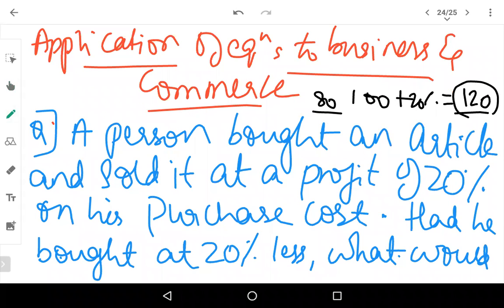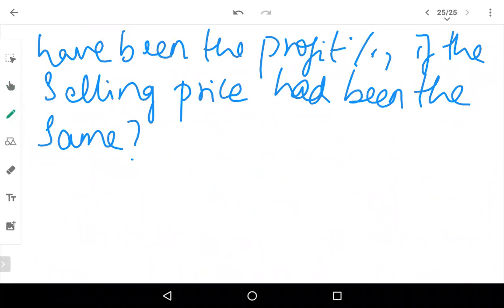Now they are asking what will be the profit percentage if the selling price was the same. Did you all understand the question? Okay, once again, fine. We'll see it once again.